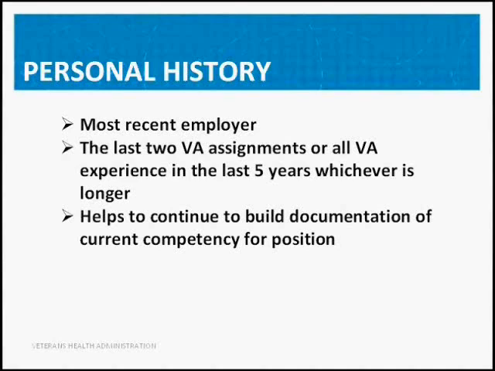Any other employer other than the most recent employer is a red flag. But VA can't commit to not contacting current or previous employers, but the recruiter or staffing specialist may commit to not contacting them until the tentative offer is made.